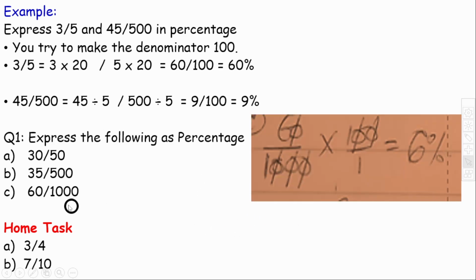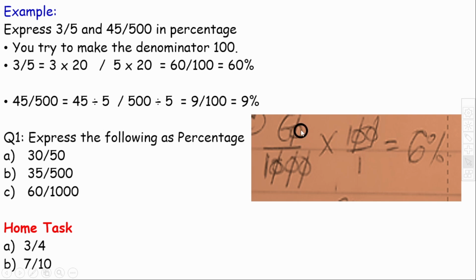Now let's do one question. 60 all over 1000. So first of all, we write 60 all over 1000 times 100 all over 1. So what do we now do? What do you observe? 2 ending zeros in the numerator, and we have 3 zeros here. So we cancel 2 zeros each. Now we have 60 all over 10.